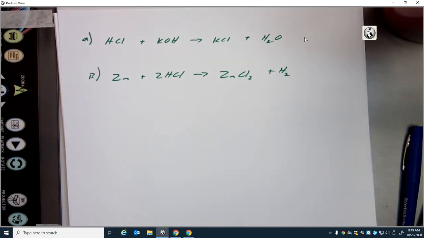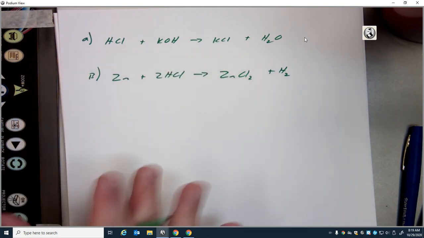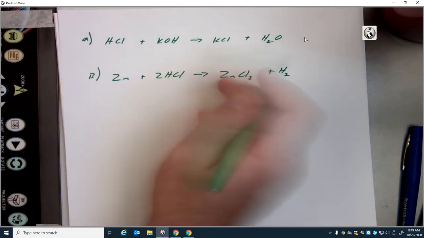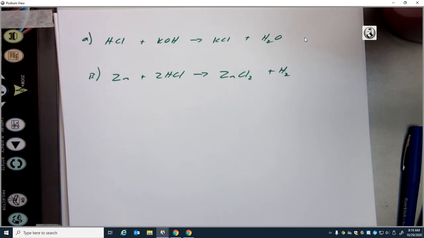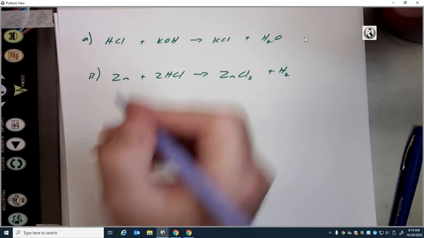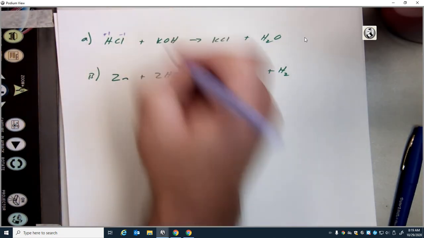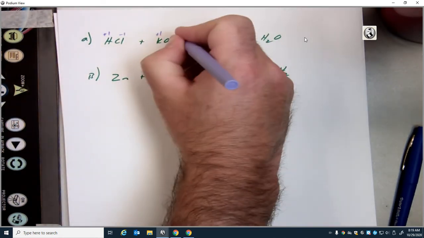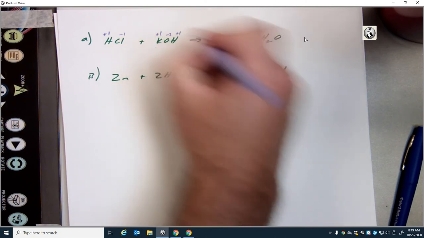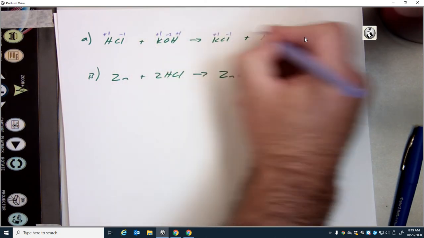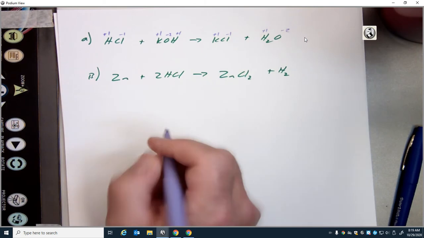Okay, so hopefully you took the time and you actually did this. All right, so the first thing we're going to do here is we're going to assign our oxidation numbers. Let's do the A first. So this is +1, -1, +1, +1, -2, +1, -1, +1, -2.